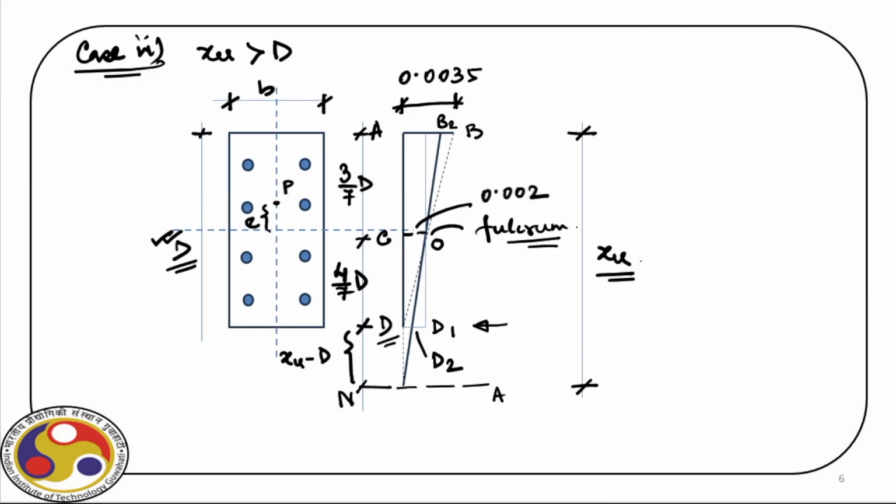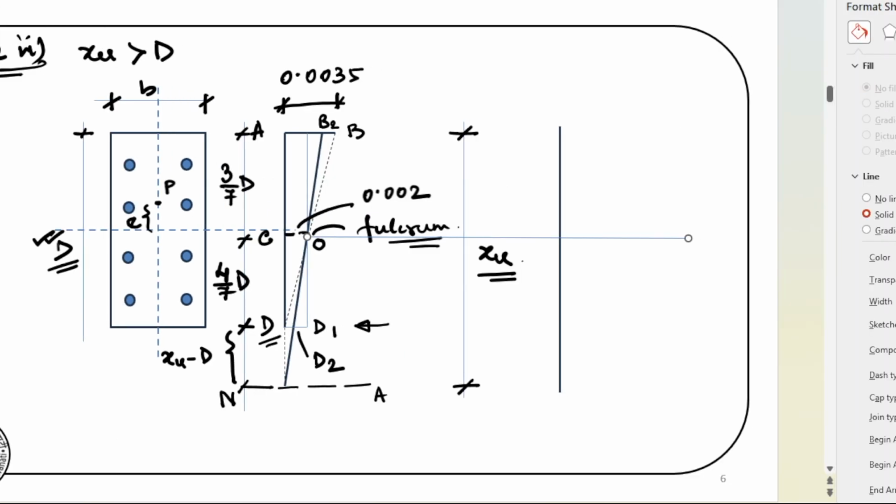Now let us draw the stress diagram first, and then we will see how to find out the sectional capacity. We can easily draw the strain diagram because we have already identified the location of the fulcrum point and neutral axis. Let us complete the diagram first, and for that we already know what are the different levels of stresses that we are going to encounter.